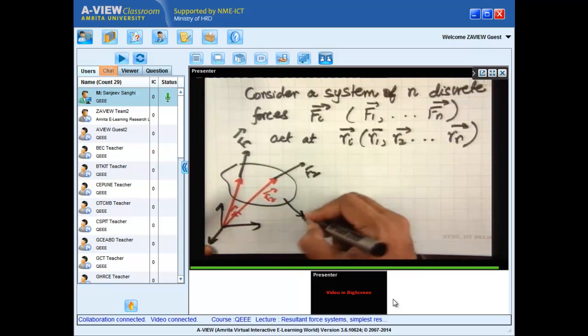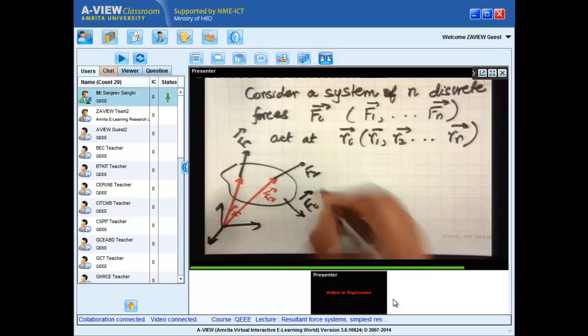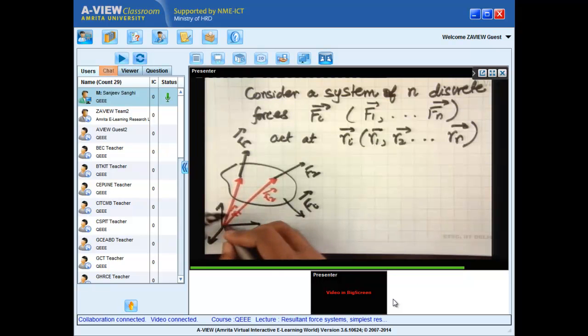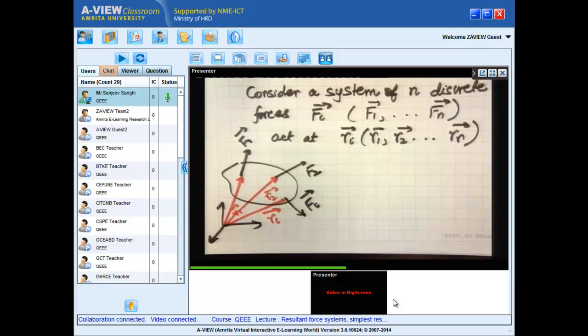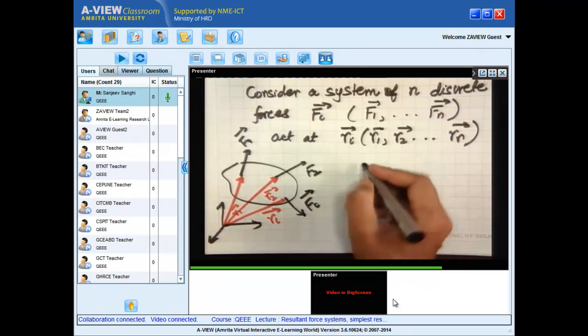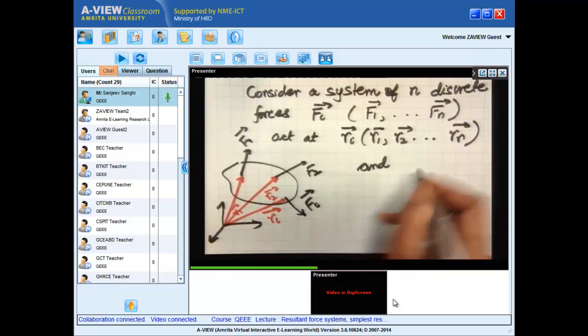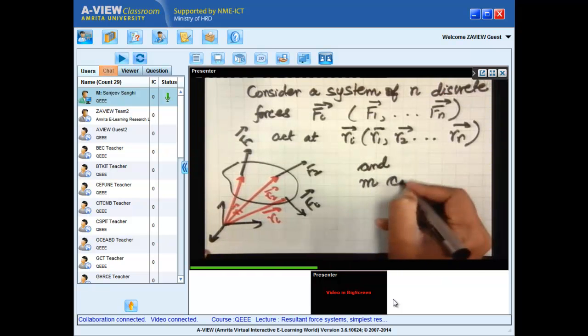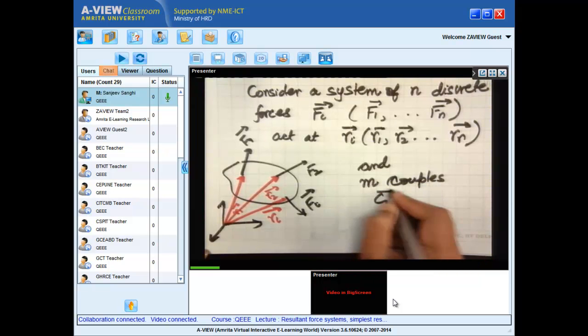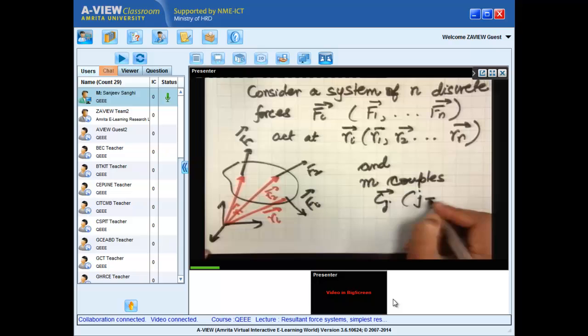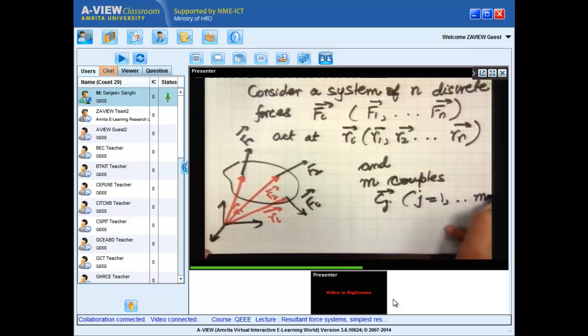So similarly, the general force here was Fi. This acts at a vector R sub i. And to add to that, on the system there are n such forces, and let us say there are m couples Cj, where j goes from 1 to m.